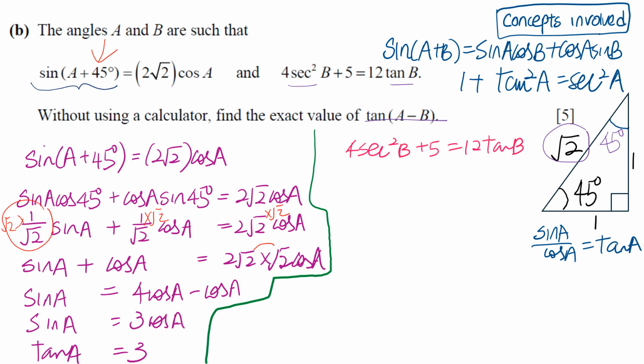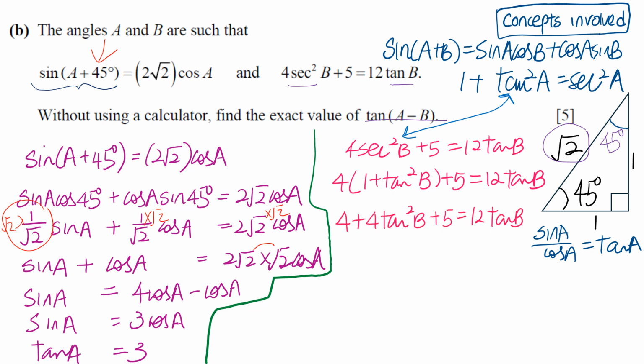And the second equation is the one where I need to use this identity to substitute my secant squared B with 1 plus tangent squared B. Right, and simplify it, and you will get a quadratic equation in terms of tangent B.